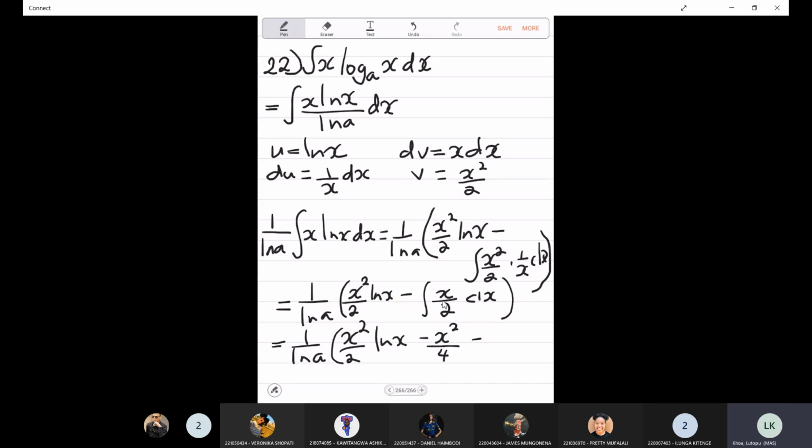And then we can close our bracket and then add our constant of integration.